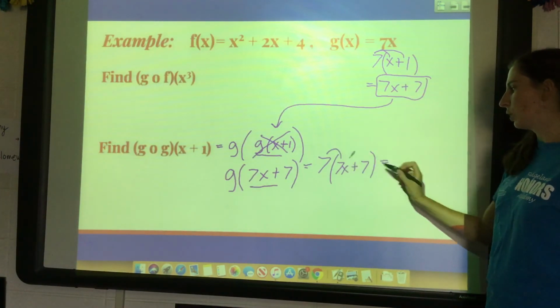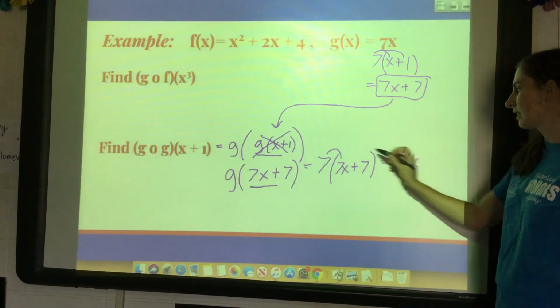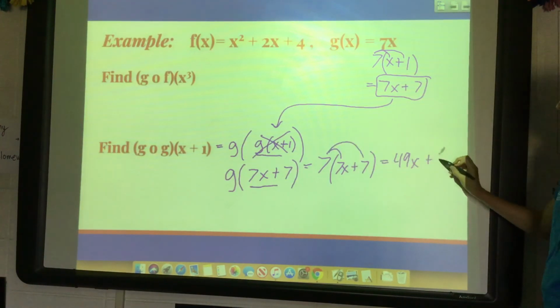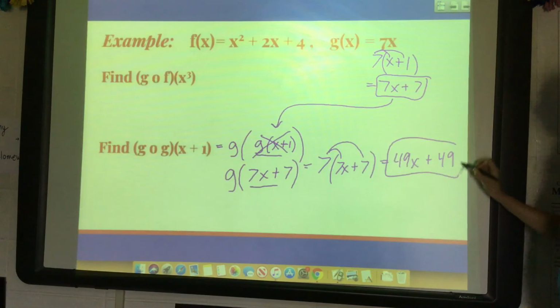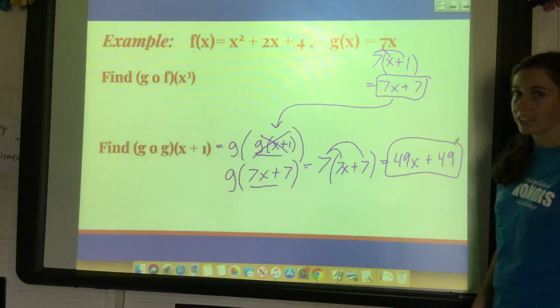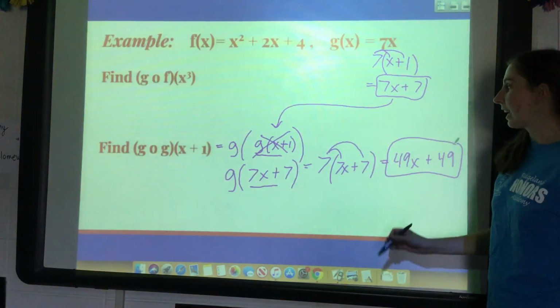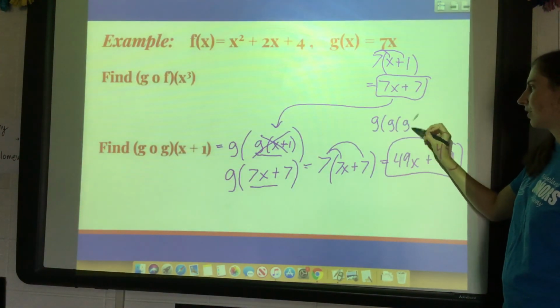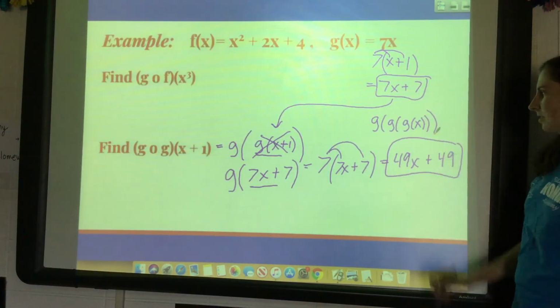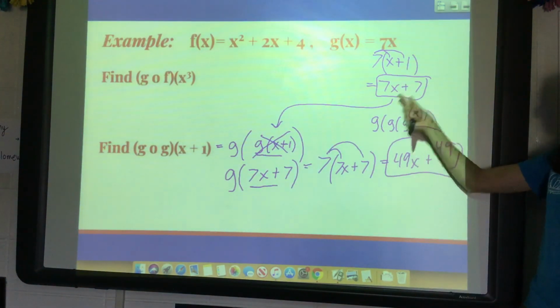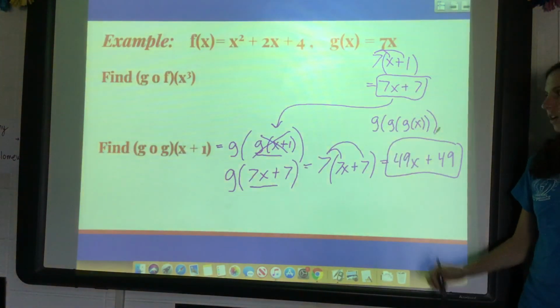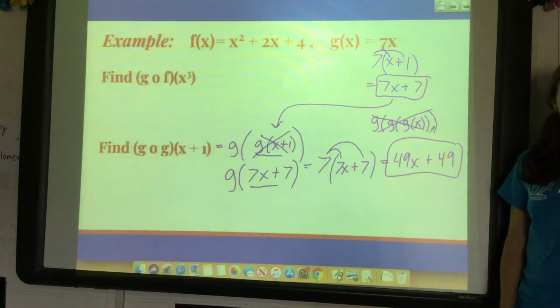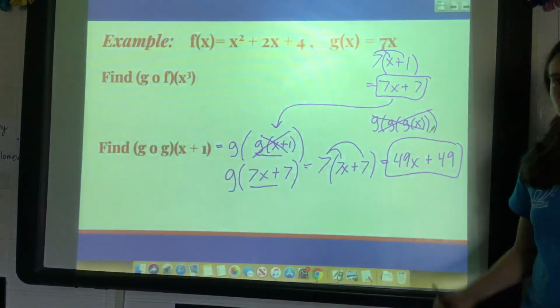So that's 49x plus 49. And fun fact, you can actually keep going. Like I could have g of g of g of x. I would just take this and put it into this and put it into this. So if you want to just go crazy, you can. All right, that's the end of that one.